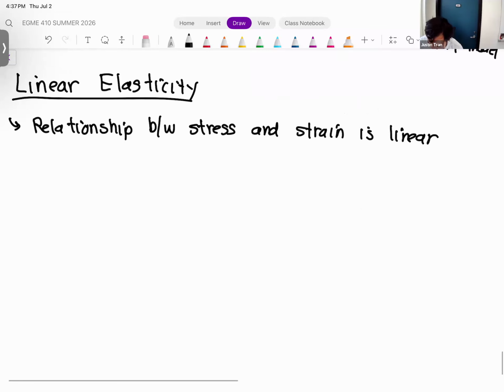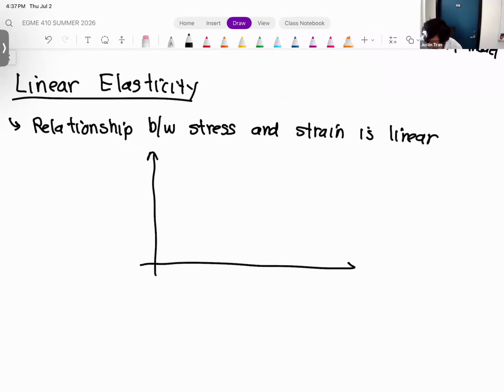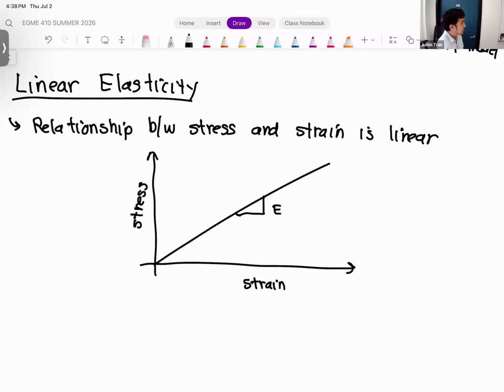We went over this a couple days ago, right? These are situations where, if you look at the stress-strain plot, we have just a straight line that shows their relationship, where the slope of this line is the Young's modulus E. For a linearly elastic material, there are two properties that you need to specify in order to fully specify its behavior.